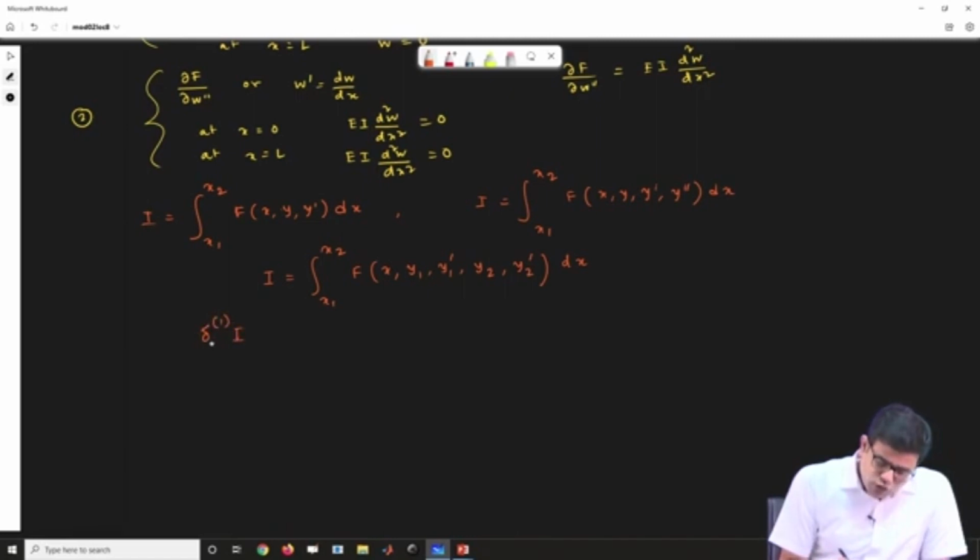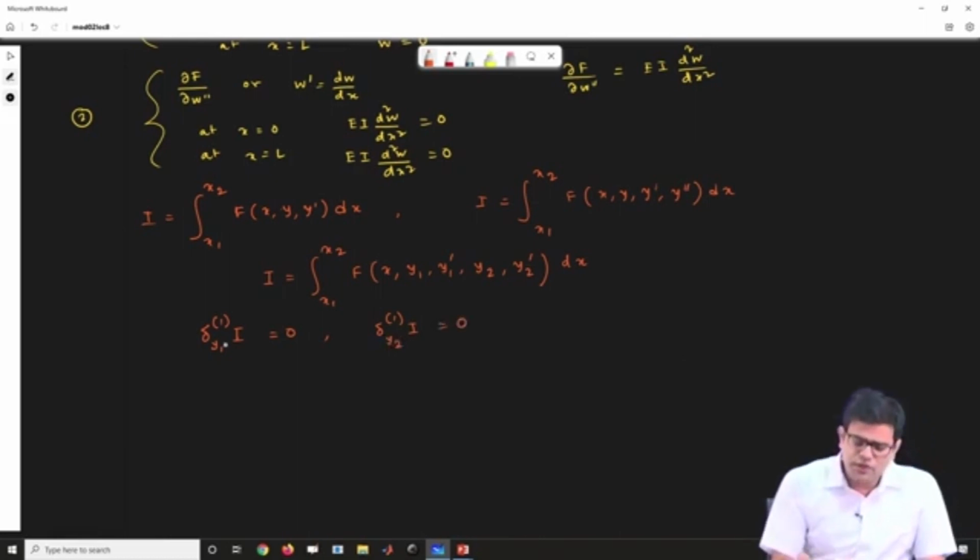So, with respect to y1 we will do delta I, and this has to be 0, and similarly delta I with respect to y2 has to be 0. If I follow the same procedure, I will arrive at the Euler-Lagrange equation for two different variables y1 and y2.